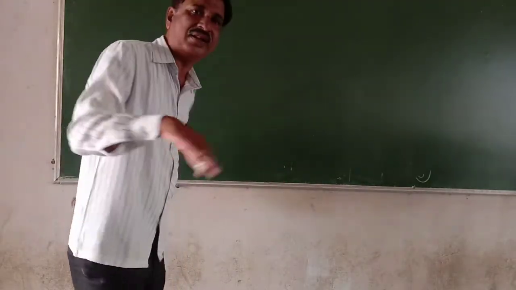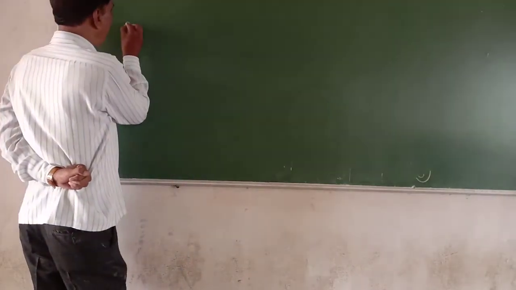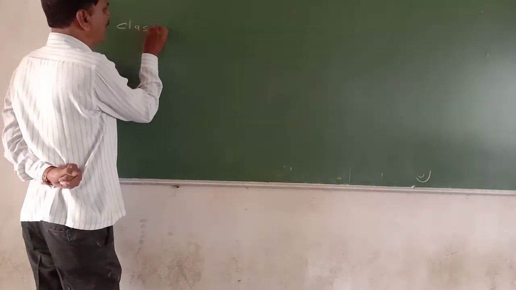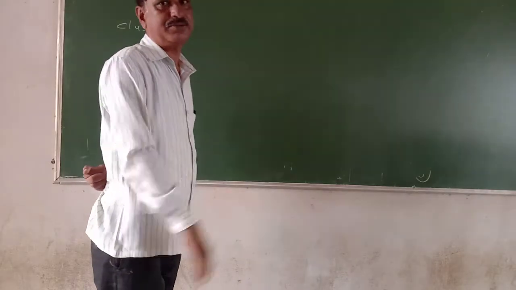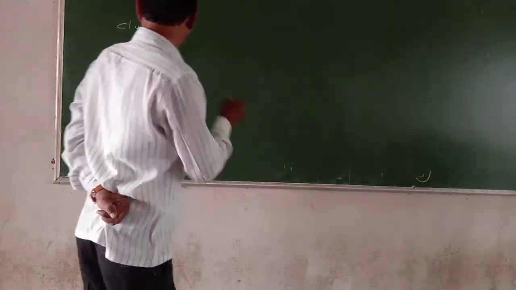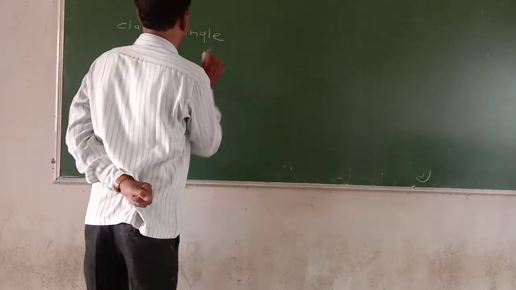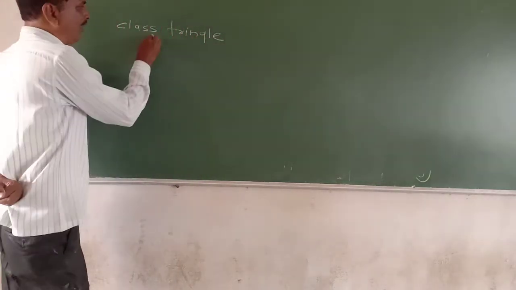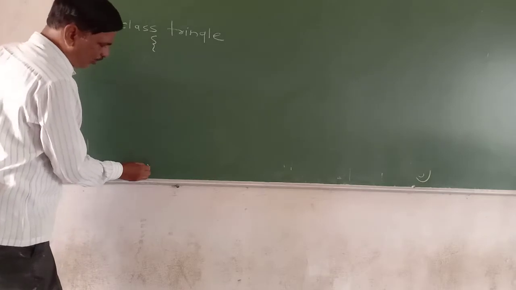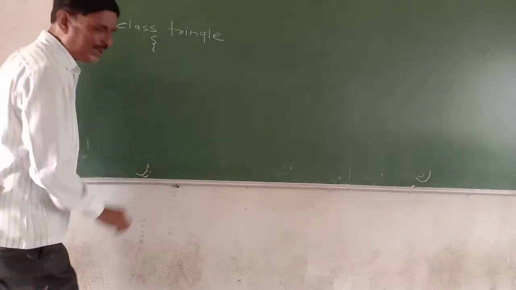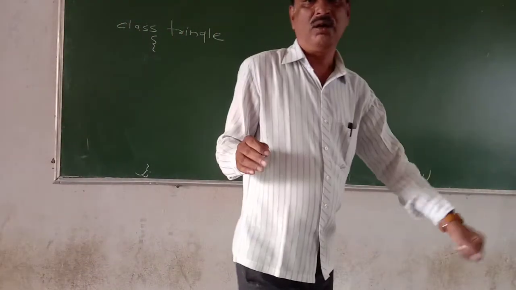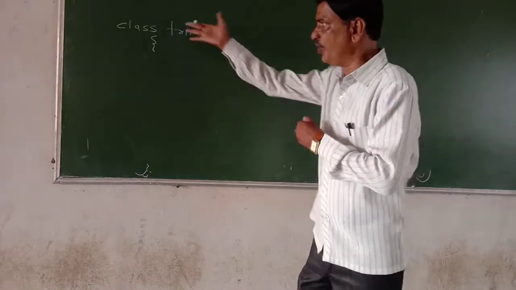So how do we define the class? A class is defined by the keyword class and the name of the class, triangle. Then an opening curly bracket, a closing curly bracket, terminated by a semicolon. This is the general format of how to define a class.